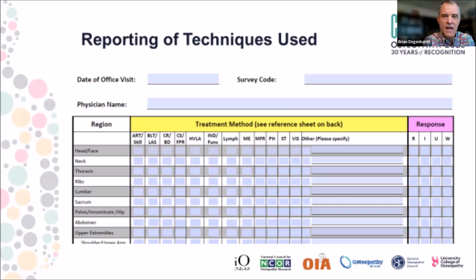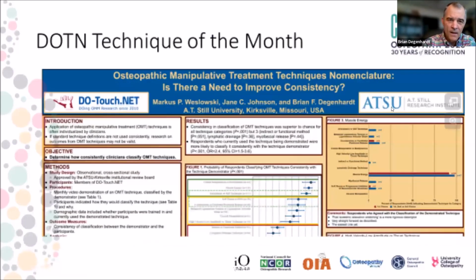So here is a reporting form that we use in DO-Touch.NET, where we can see the various regions of the body along the y-axis. Along the x-axis, we see the various treatment methods that we would record when we're collecting data on our research, and we also would look at your impression of response from those techniques.